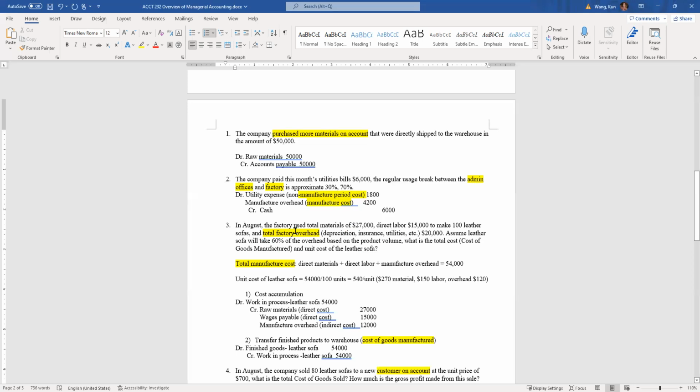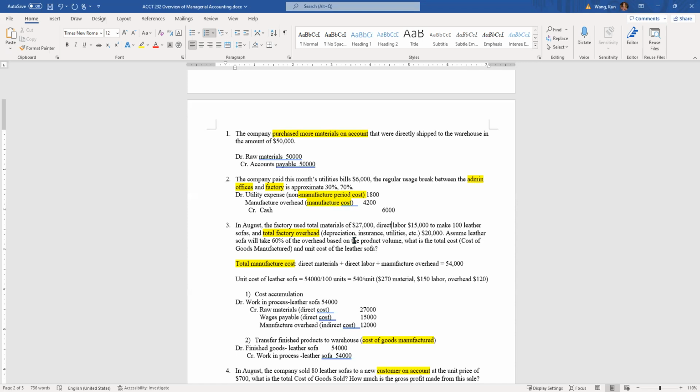For this indirect overhead, because we have two product lines, the leather sofa and fabric, the leather sofa takes 60% of the overall overhead based upon the production volume, right? So the more products you make, the more factory overhead.